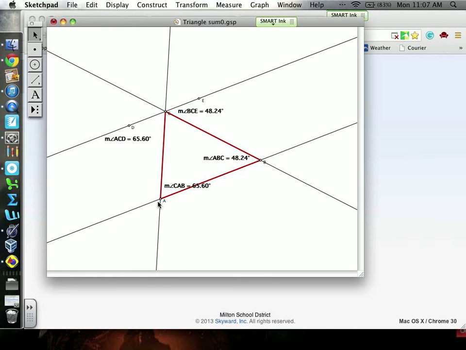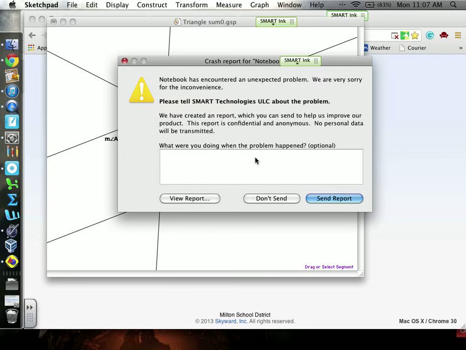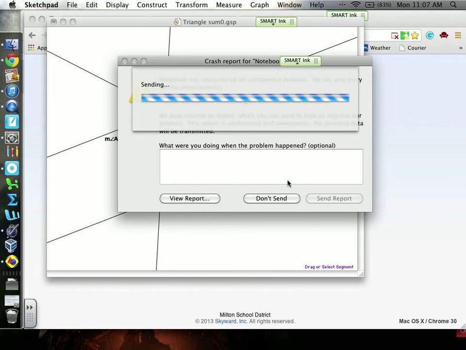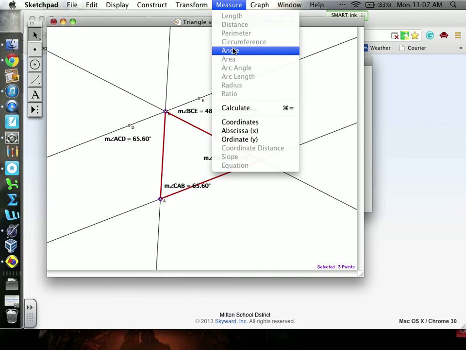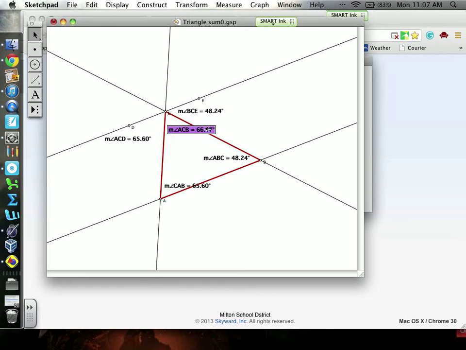And finally, we have our third angle up here, AE. It just crashed. Okay. We can still finish what we're doing here. AB, ACB. Measure this angle.